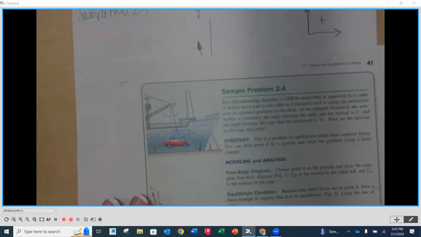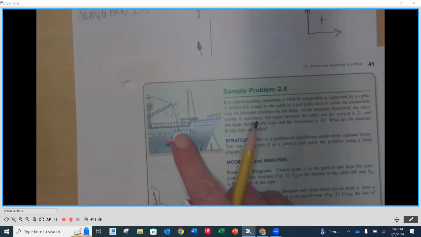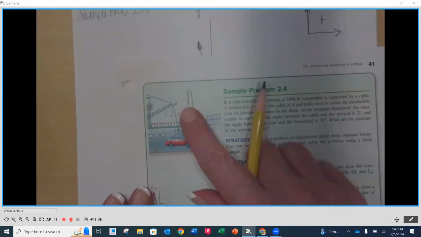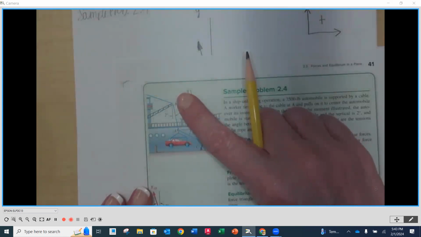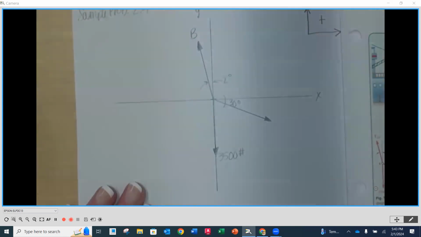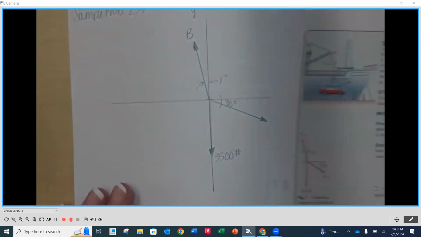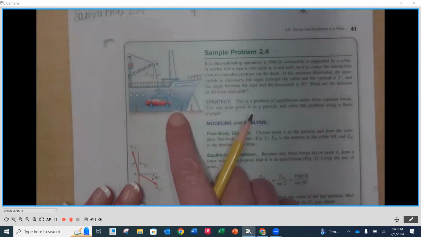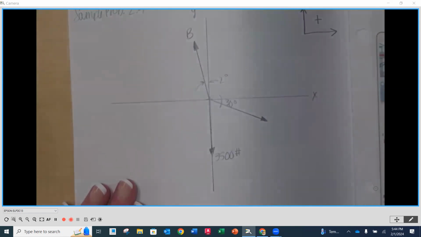Now, what are we going to call these? As you can see, they have some labels. They have A here in the middle, which is going to be our origin, but they've got B up here on that crane or that cable. So I'm just going to call this simply force B. And then we have C, where the man is pulling on our rope.